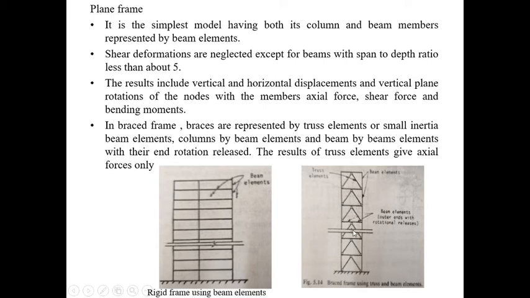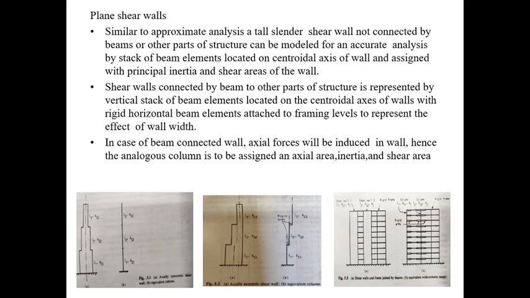The results of the truss elements will give only the axial forces. This is how we do the modeling, the representation of the actual structure as a model for the analysis, in the case of the accurate one.